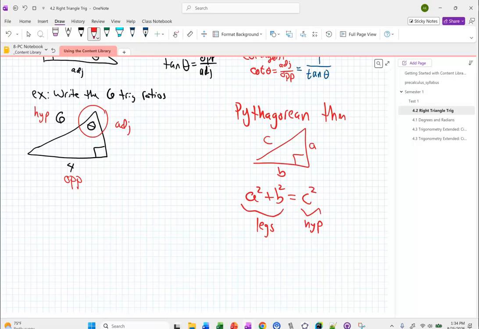You guys remember this? Good. Again, good to remind us. It's easy to forget that, oh yeah, the hypotenuse has to be C. The other ones can go wherever. So let's just call this side X for the moment. What equation can I write then to solve for that side X?